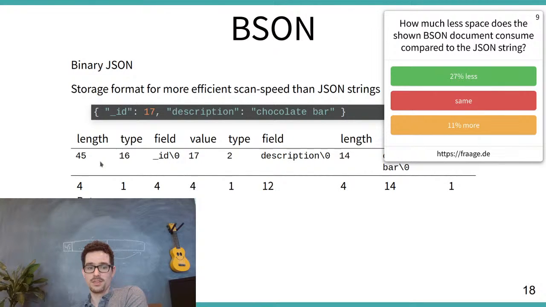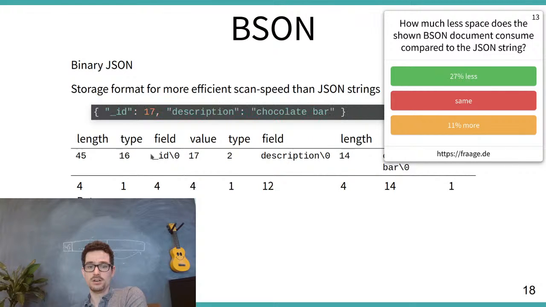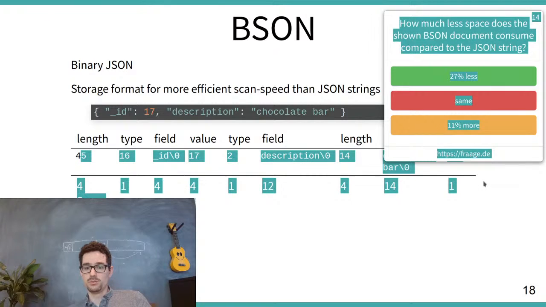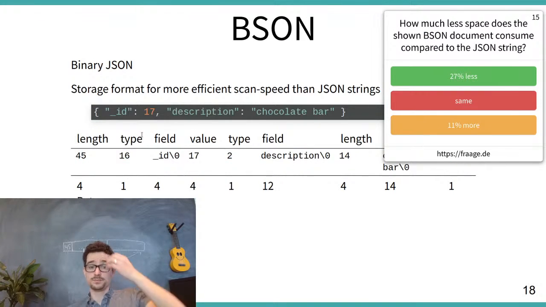Does this BSON representation take 11% more space than this string representation, or is it the same, or does it consume 27% less than this?